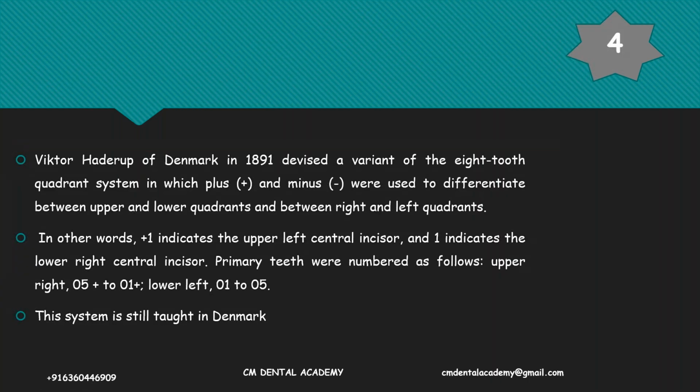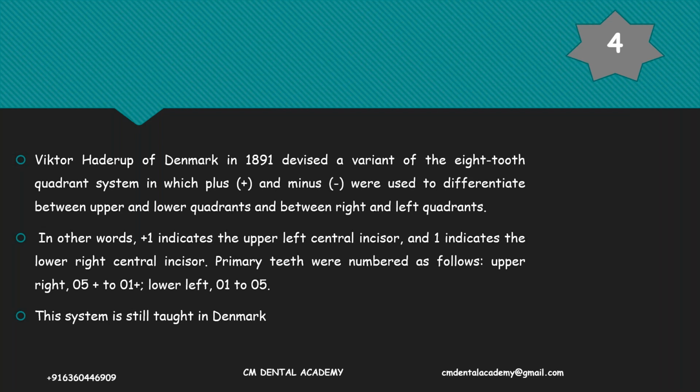Other than these three important tooth numbering systems, Haderup of Denmark in 1891 devised a variant of the eight-tooth quadrant system in which he used plus and minus signs to differentiate the upper and lower quadrants, and to differentiate between the right and the left quadrants. In other words, +1 indicates the upper left central incisor and -1 indicates the lower right central incisor.